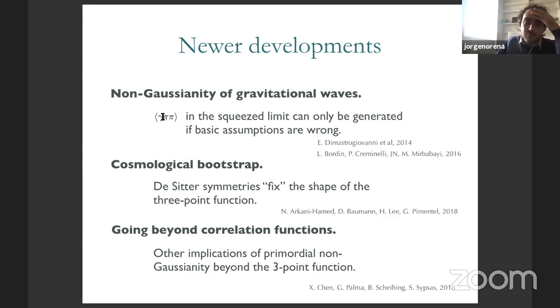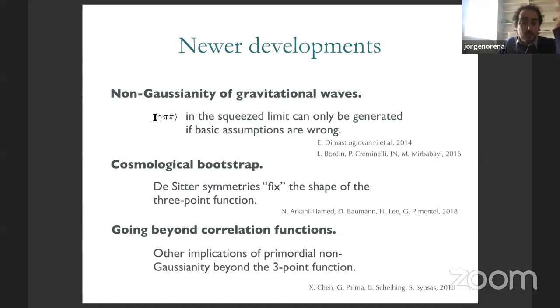And it turns out that the squeeze limit is very much constrained. Even in multi-field inflation, it cannot be large. It can only be large if you break some very fundamental assumptions about inflation. So the squeeze limit of this 3-point function basically tests some very fundamental assumptions about inflation.